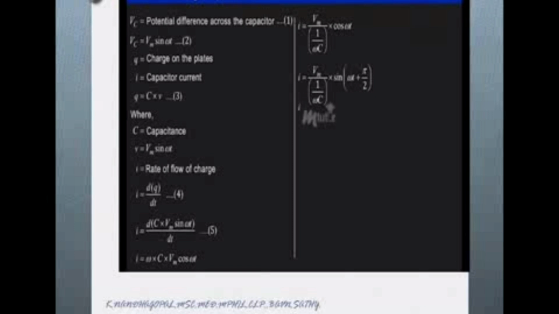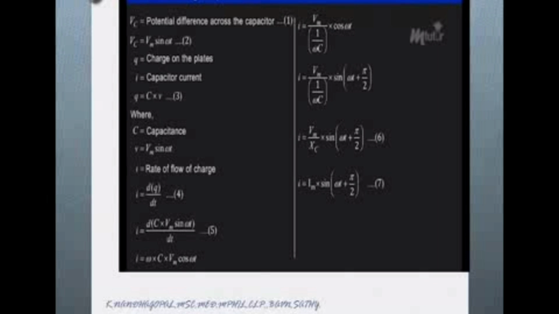We have to convert it into the format I equals Vm by Xc, where Xc is the capacitive reactance, into sin of omega t plus pi by 2. Then I equals Im sin of omega t plus pi by 2, where Im is Vm by Xc.